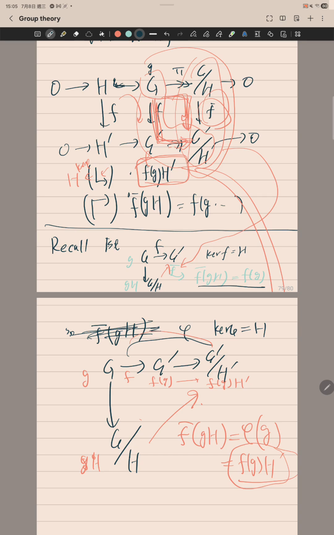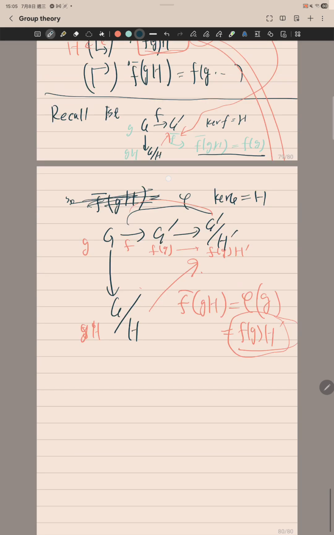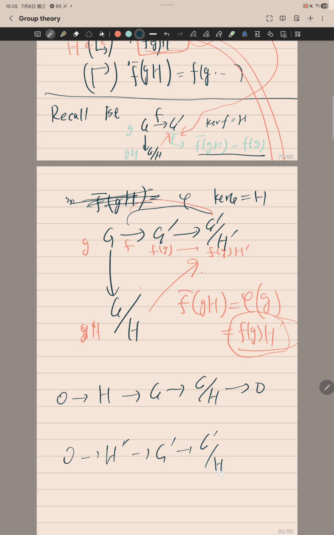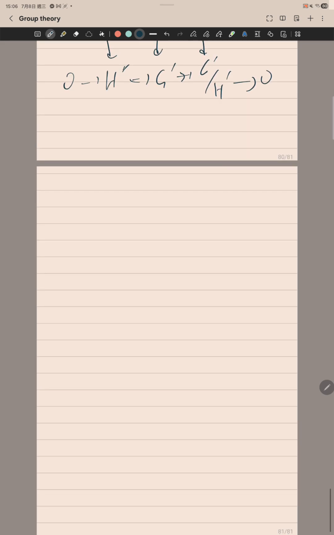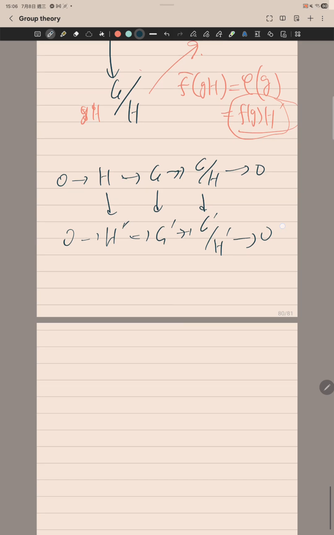So this means that this diagram commutes. Let me just draw it again. By this construction, this diagram commutes, for every f bar.